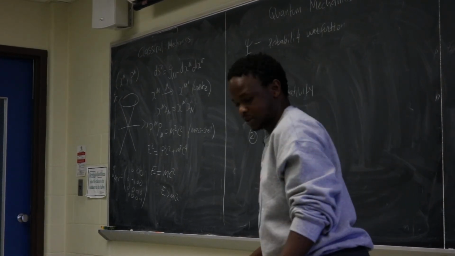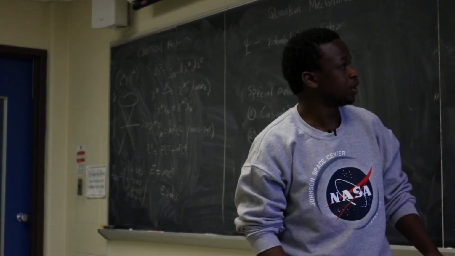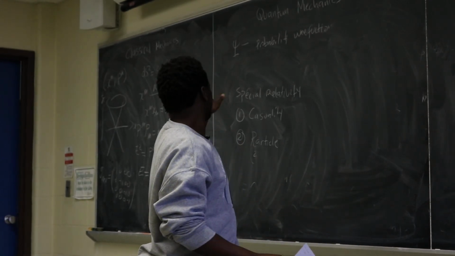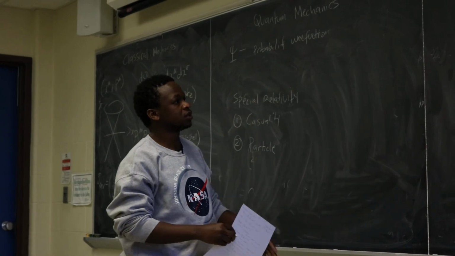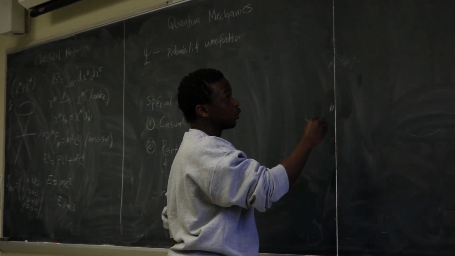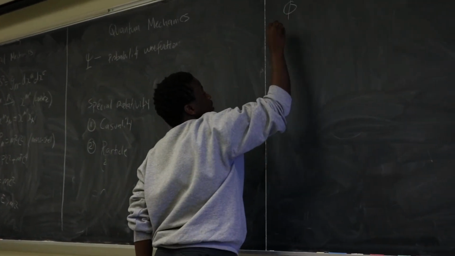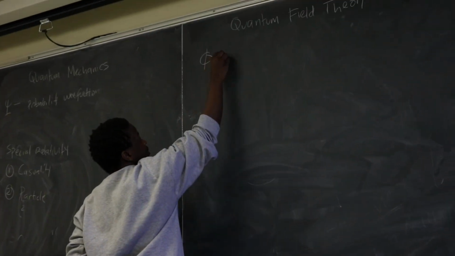Let us look at field theory. As we said here, the object is a probability wave function. Here in field theory, what we have is now phi, which is a field.